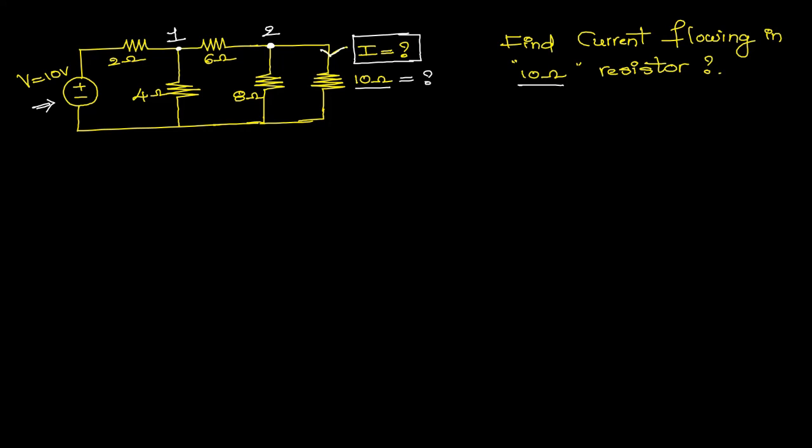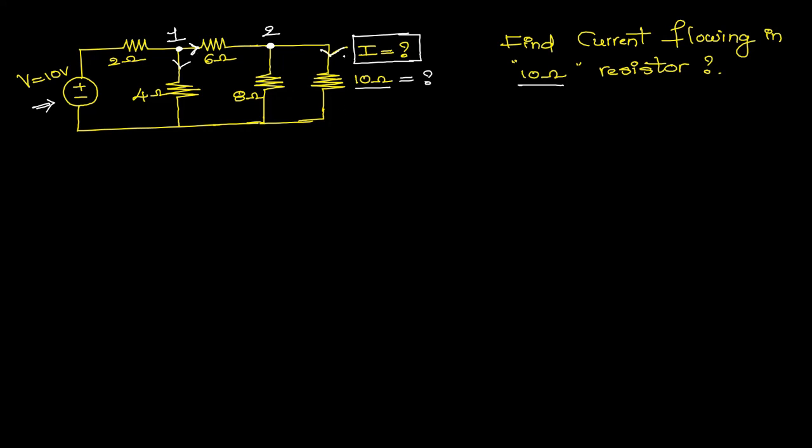But how much total current is available at this junction point? The total current available at junction point 2 is the current coming from junction point 1. When the total current is available at junction point 1, some amount of current will divide into this branch and some amount into this branch.